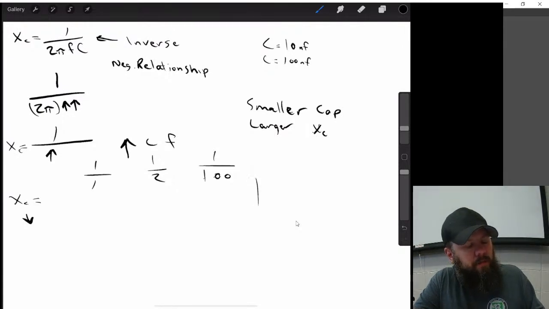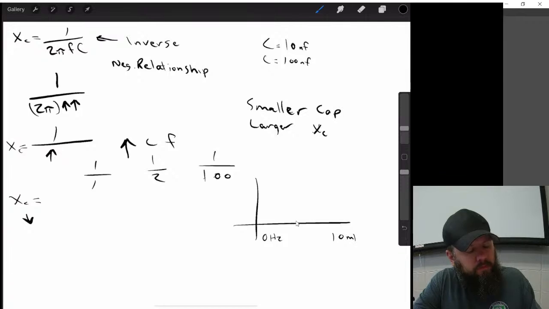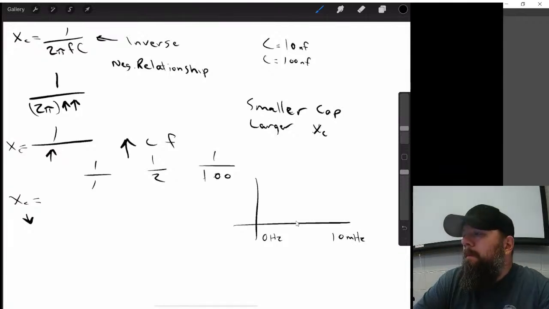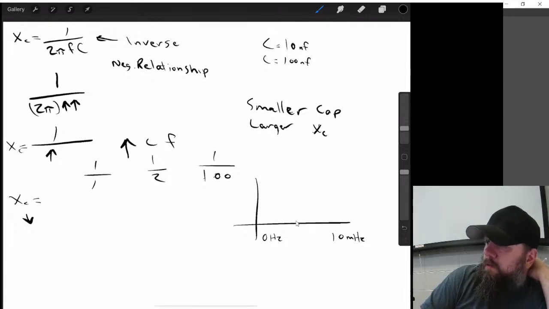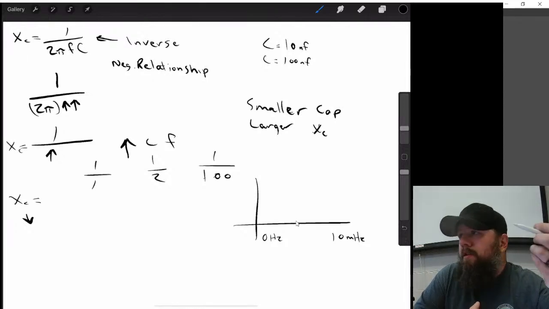This isn't going to be a perfect graph, but so we've got 0 hertz and we've got 10 megahertz. Okay. 0 hertz, it doesn't matter what the capacitor is, right? Because if we multiply by 0, we get a 0.